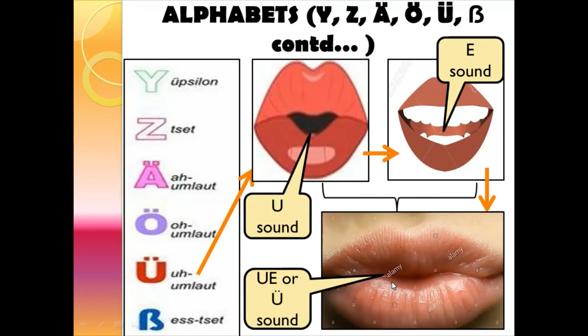This will be the U umlaut sound, which we pronounce in German as the Ü sound. This sound you can find yourself making in everyday life when you try to whistle from your mouth, for example. Isn't that amazing?